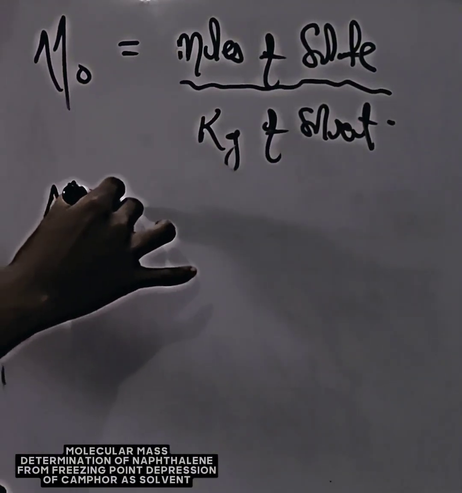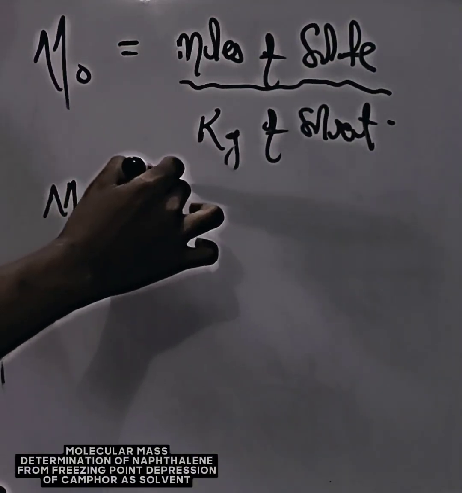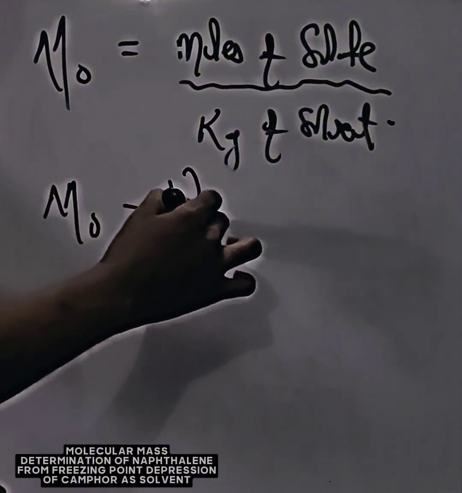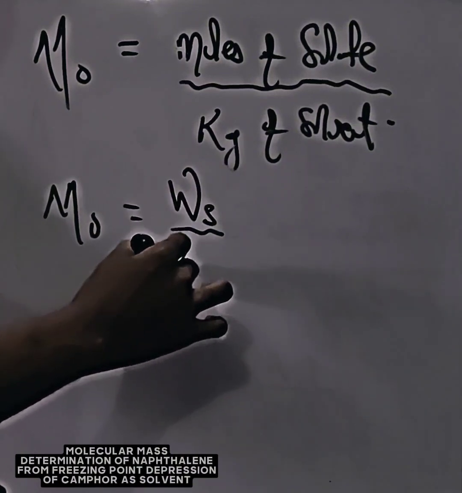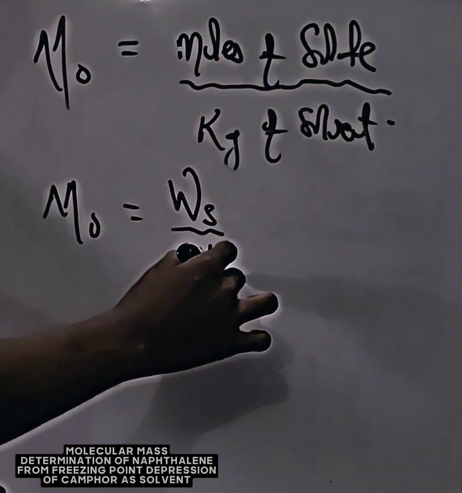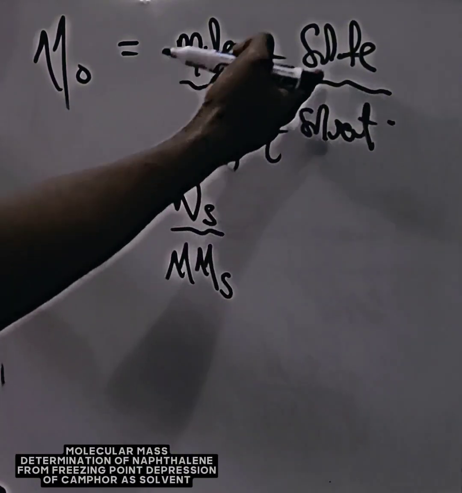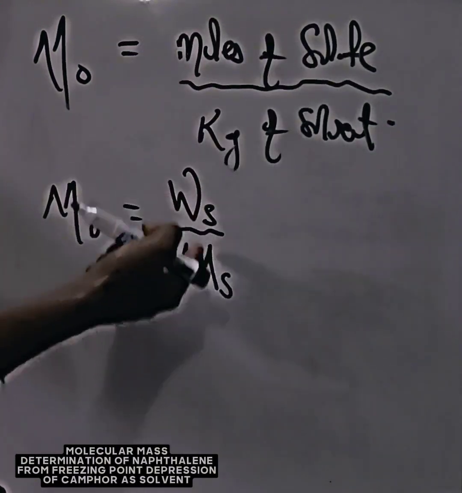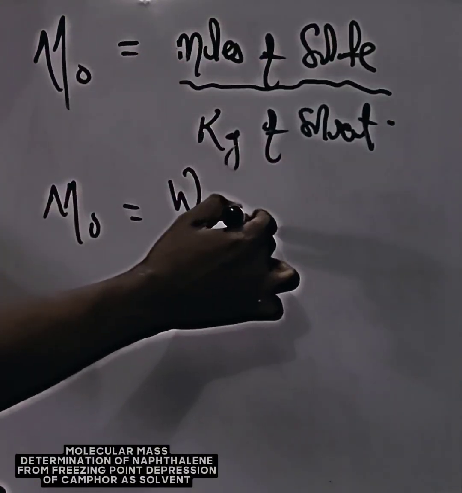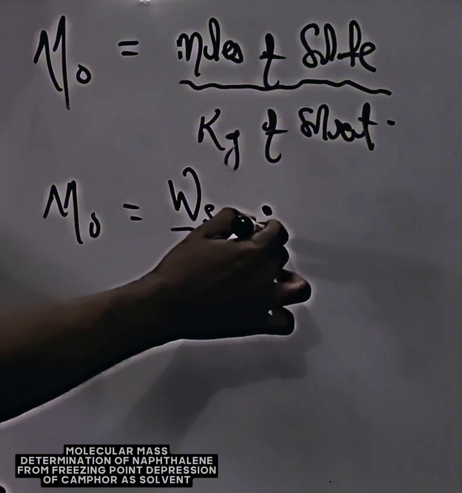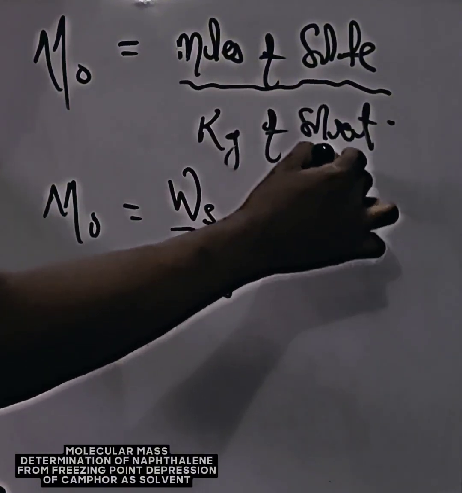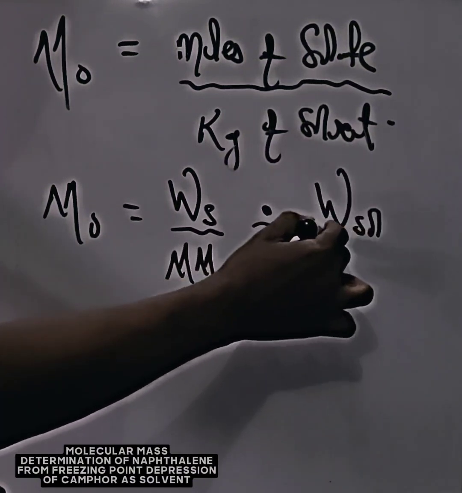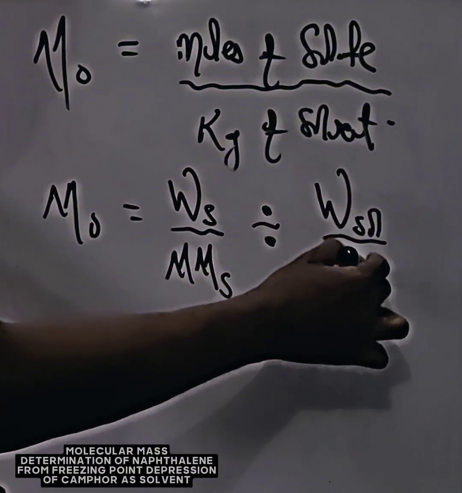The moles of solute, substitute it into this equation, and it's going to look like this. Molality will be equal to moles of solute, we had it as weight of solute divided by the molecular mass of the solute, that is the naphthalene. This is moles of solute, divided by kilogram of solvent. We said that it is the weight of solvent divided by 1000.